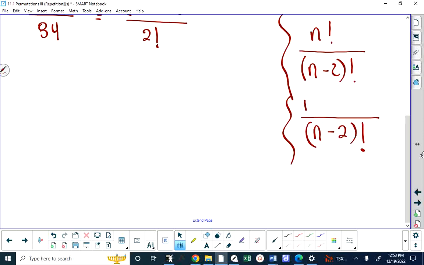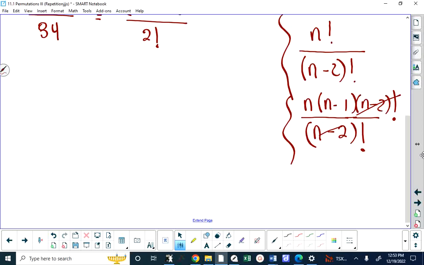This n factorial becomes n times n minus 1 times n minus 2 all the way down the line, which means that it contains n minus 2 factorial. And we canceled those. Well, that's not the only way you can cancel factors. You can cancel factors if they are one on top of the other, or if they're factors on both sides.